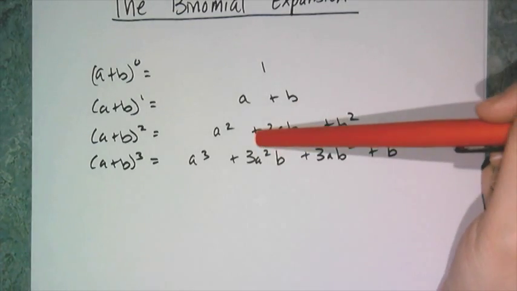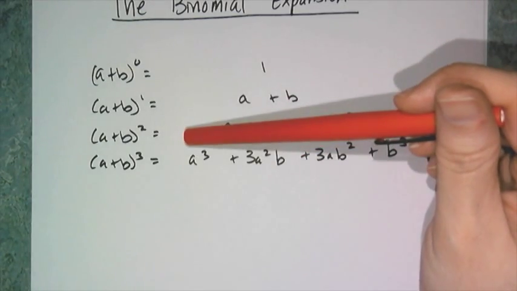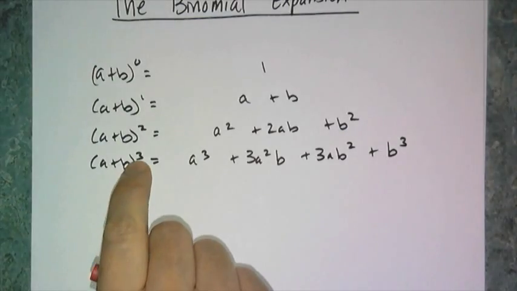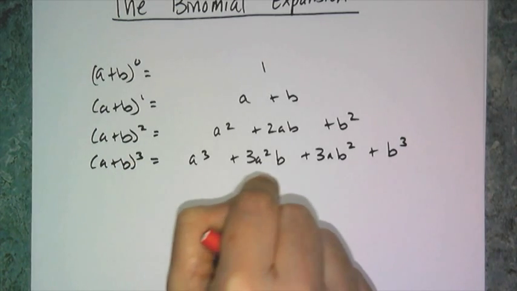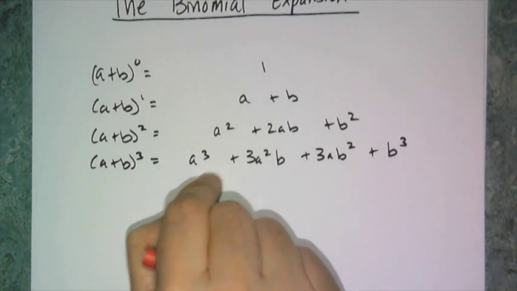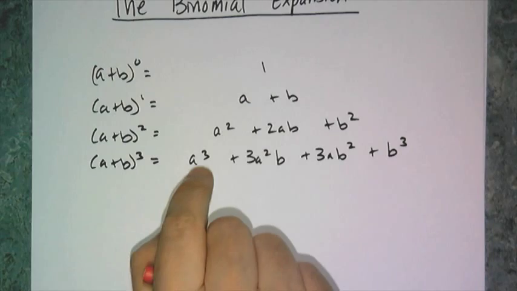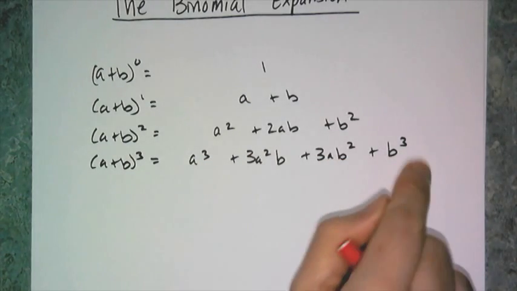And it's most evident in this row here that the exponents on the a start off with that exponent there, the power of the binomial, and then decrease by 1 each time. And as the a's exponent decreases, the b's exponent increases. So a is 3, 2, 1, 0, while b is 0, 1, 2, 3.